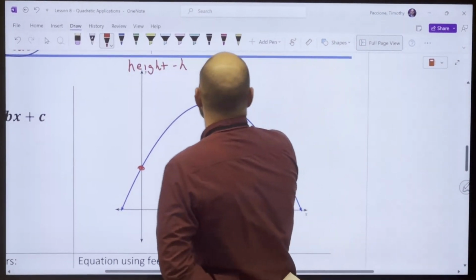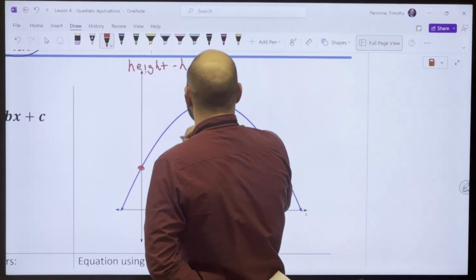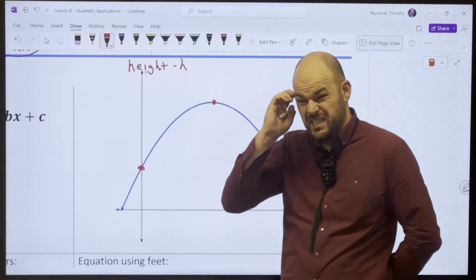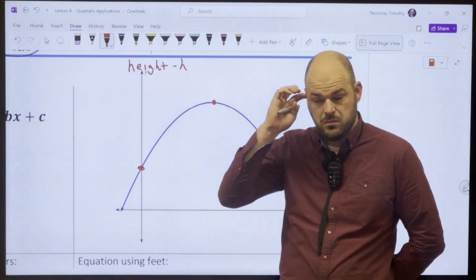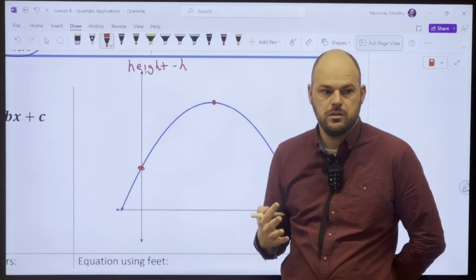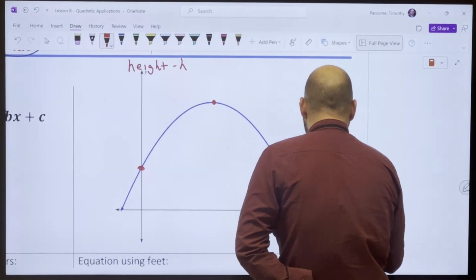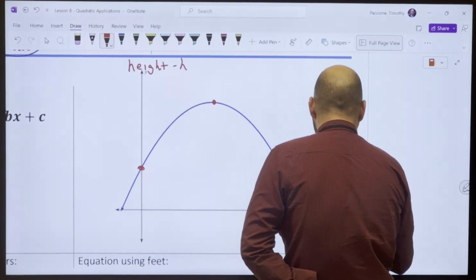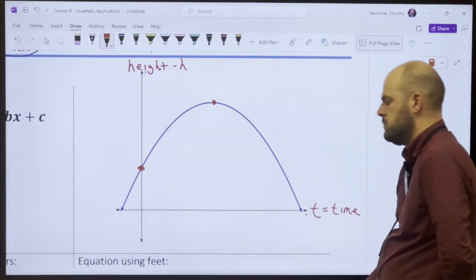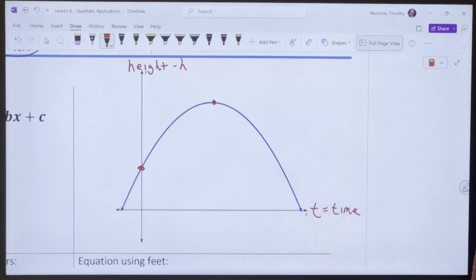Let me ask you this. It gets up to here, right? Does it get there instantaneously? No. What has to change? Time. So instead of x, we have time, or curly t, just a t with a little curl on it.